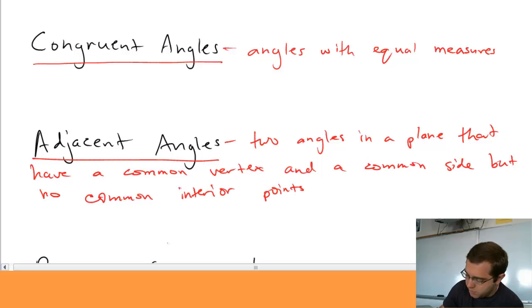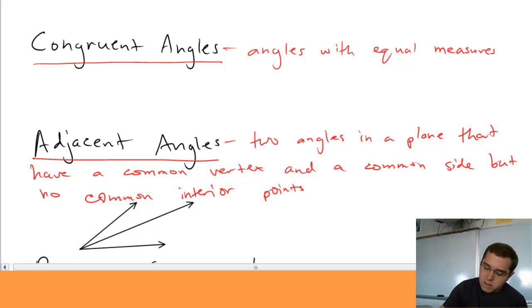Let's see an example of adjacent angles. There's a ray. There's a ray. Let's say I draw a ray in between them. Then this is angle 1 and that's angle 2.